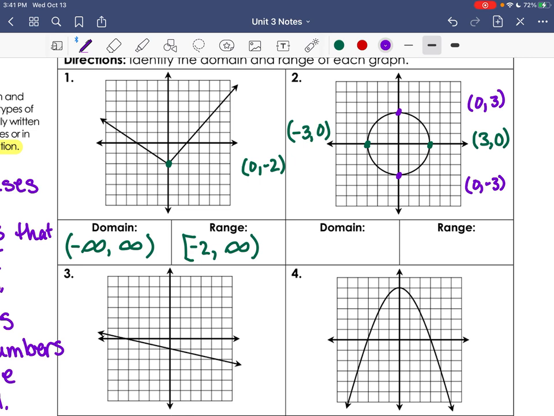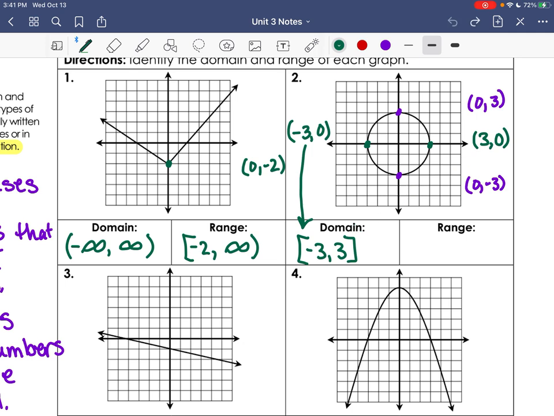And so when we do domain, we're looking at those x values for that left side and that right side. So this circle goes from negative 3 to positive 3 on the x-axis. And so you can see that that's where those numbers came from. They literally came from the x value of those coordinates.